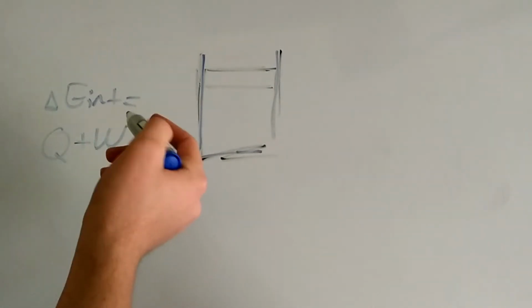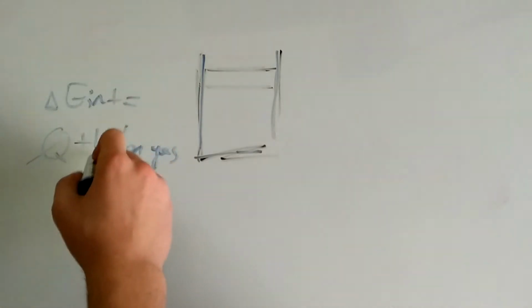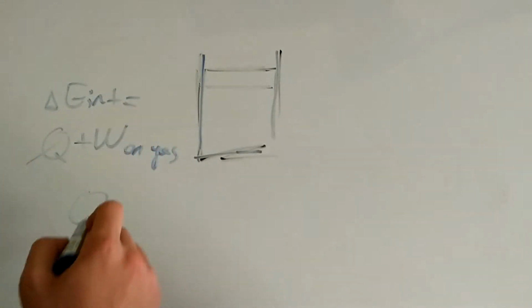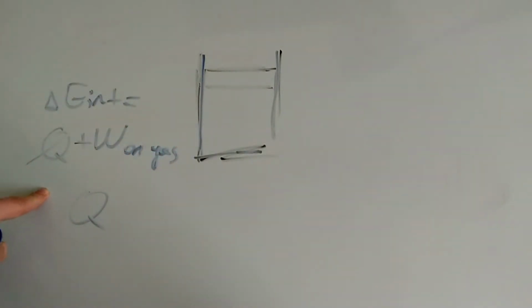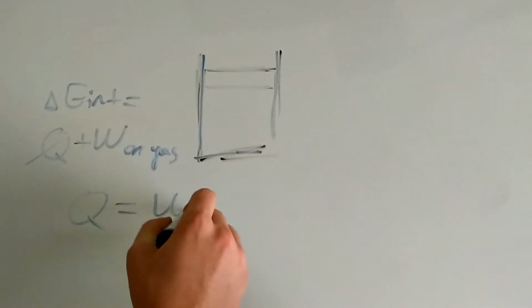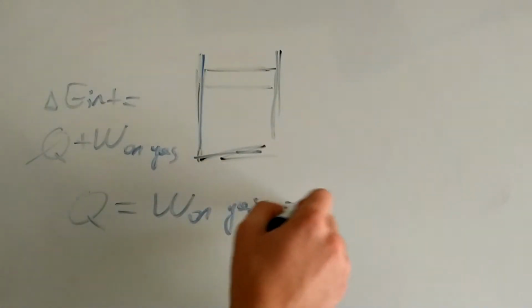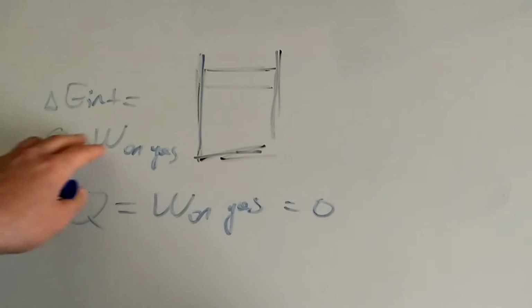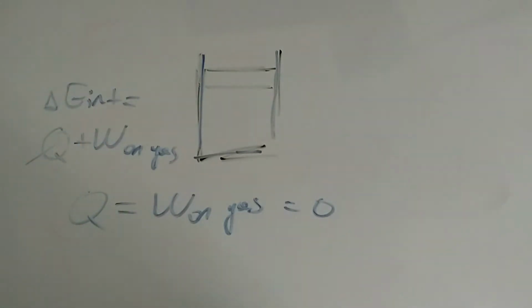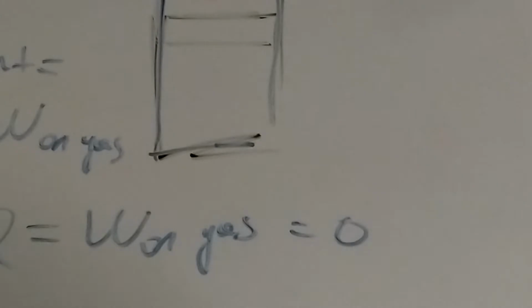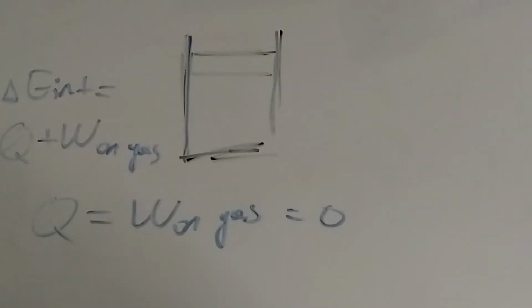So basically the heat is equal to 0, and also the work on the gas is equal to 0. And since these two quantities are 0, also the change in internal energy is 0. Now here we're talking about change in internal energy, because internal energy is basically a state variable, such as pressure, volume, and temperature.